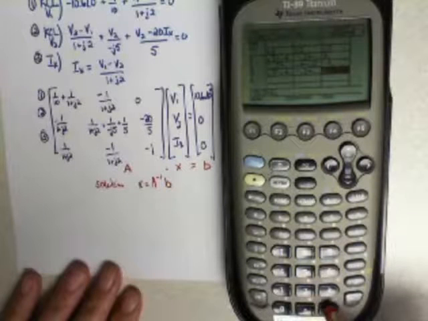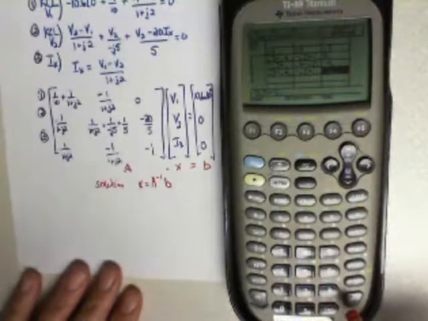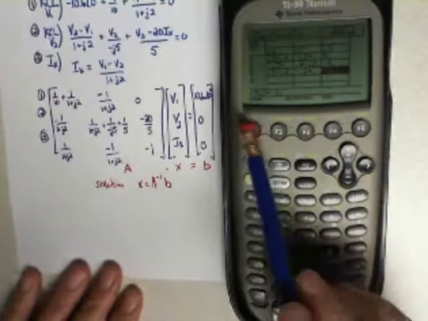Once you have entered all the data, you are done with this screen. The matrix A is automatically saved as a variable in your calculator's memory.